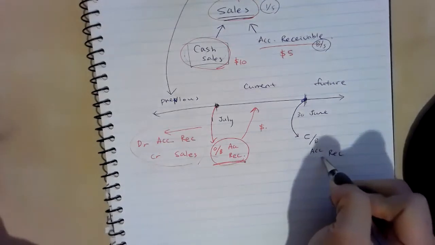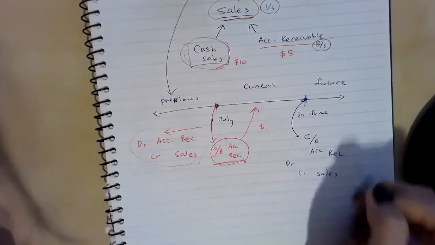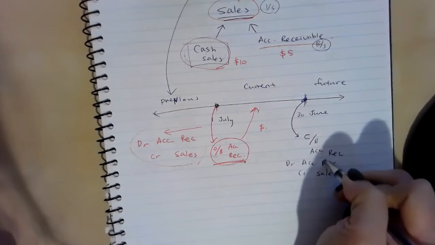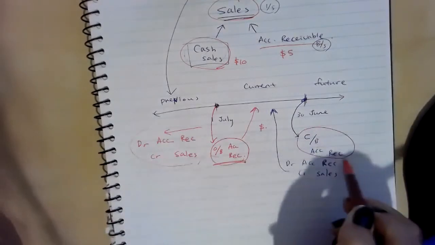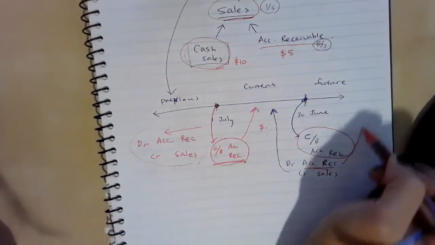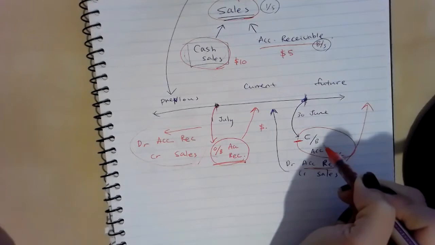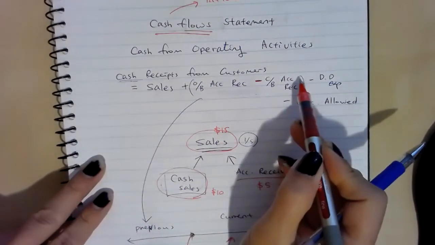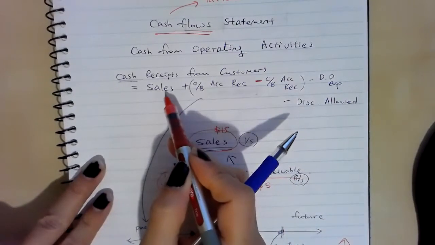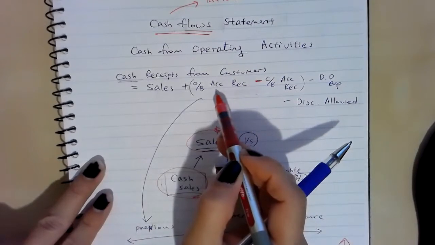They made those sales in the current period, so the sales belong to the current period, but this accounts receivable will be received in the future period. That's why we need to exclude the closing balance of accounts receivable, because it's not received in the current period. It will be received in the future period, but the sales are included already in the current period. So we need to exclude the closing balance of accounts receivable and add the opening balance.